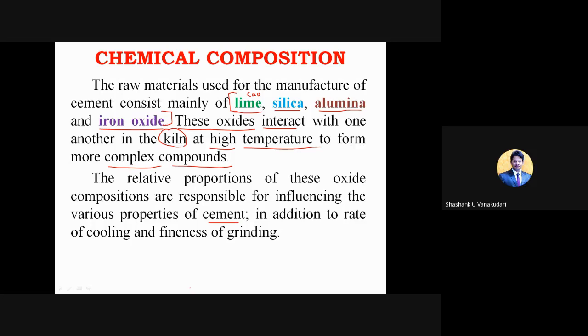At that time you are not supposed to add other additives like gypsum. The product should cool for a period of time, and then you need to add additives like gypsum in the given proportions, like 2 to 3%, right?